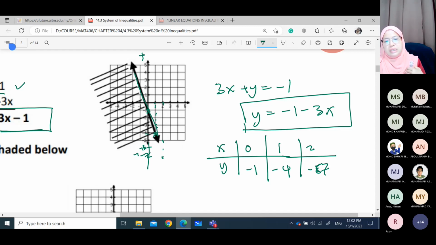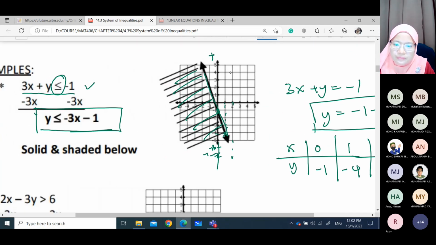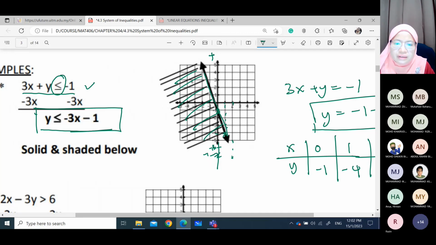So maknanya dia punya region berada di bawah graf. Kalau kat sini atas graf, ini bawah graf. So this is the region for y less than or equal to negative 1 minus 3x. So kita shade dekat sini. This is the area of solution. So solution dia berada di kawasan ini. Okay? Faham?